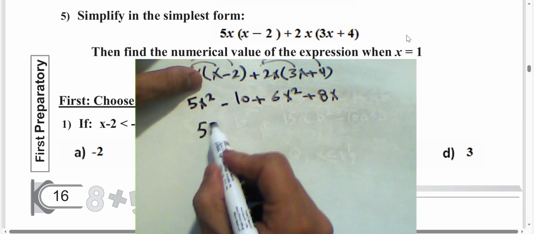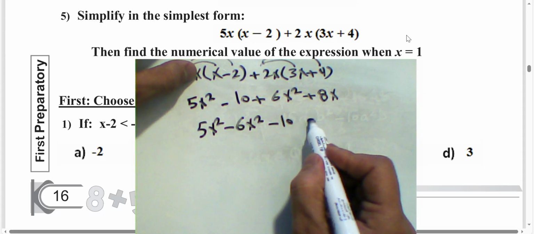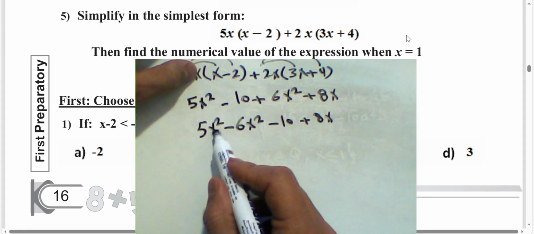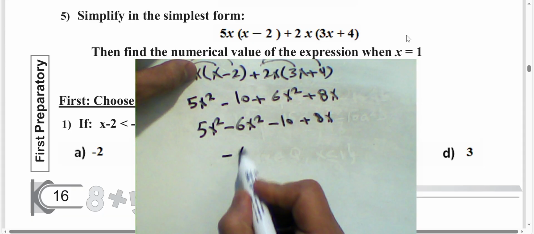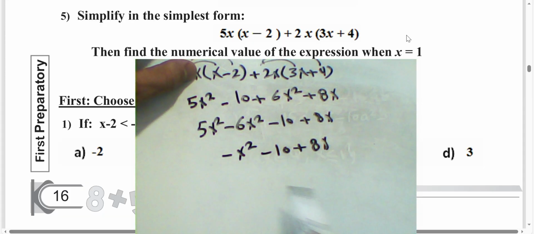Then 5x power 2 subtract 6x power 2 subtract 10 plus 8x. 5x power 2 subtract 6x power 2 will be negative x power 2.